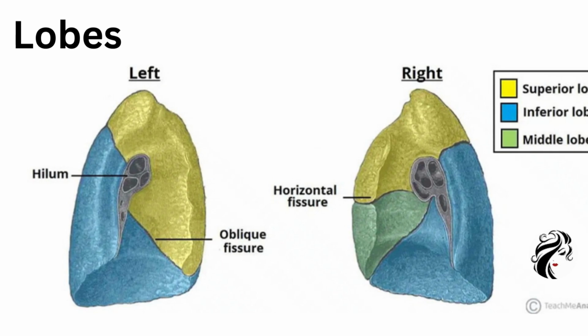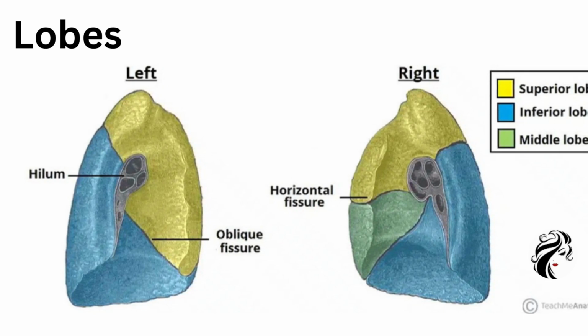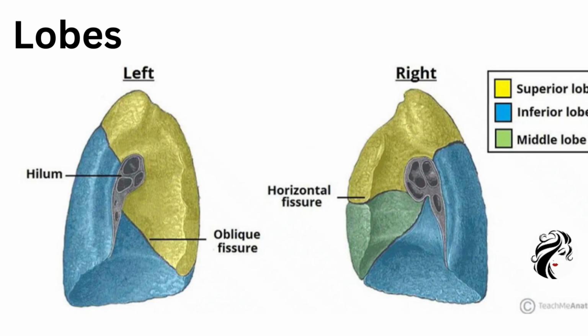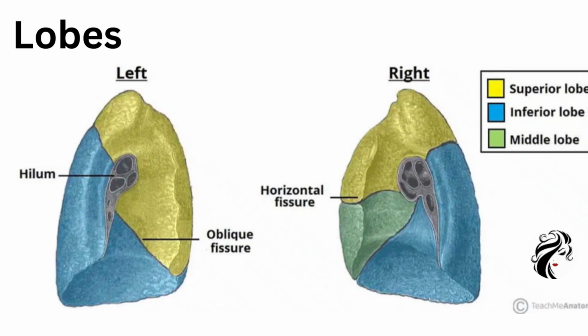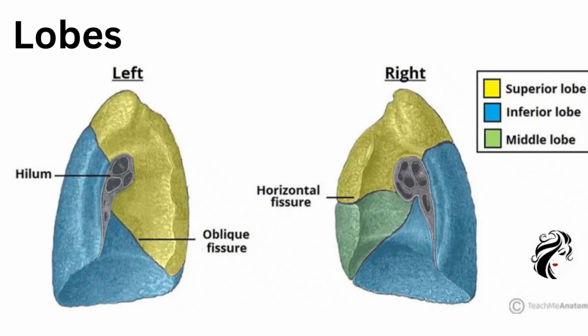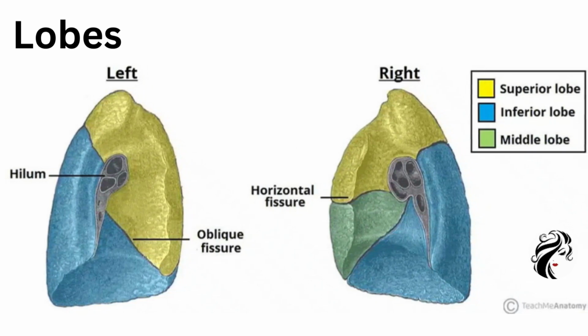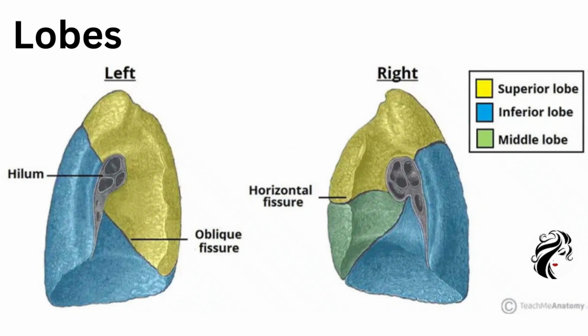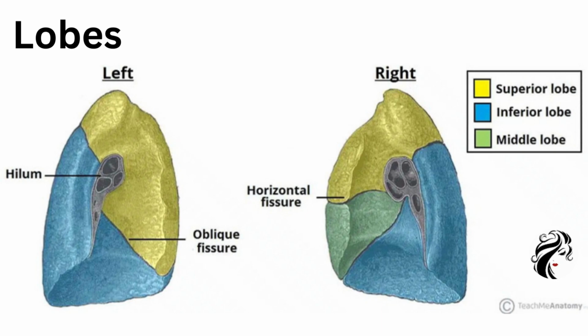We have just the oblique fissure, and only a superior and inferior lobe in the left lung. On the right side, we have a horizontal fissure and an oblique fissure. Fissures divide our lobes. So we have three lobes in the right lung: superior lobe, inferior lobe, and middle lobe.